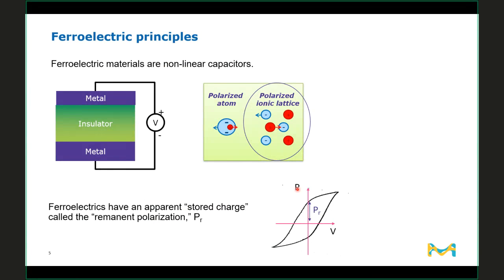If you plot that on something called the polarization versus voltage or electric field plot, what you will get is hysteresis. As we sweep up, we increase voltage, we achieve some polarization state, and when we sweep back down, instead of that polarization going away, we're left with some remnant polarization, and that quantity is called remnant polarization, PR.